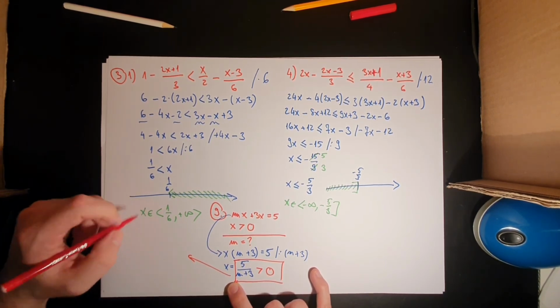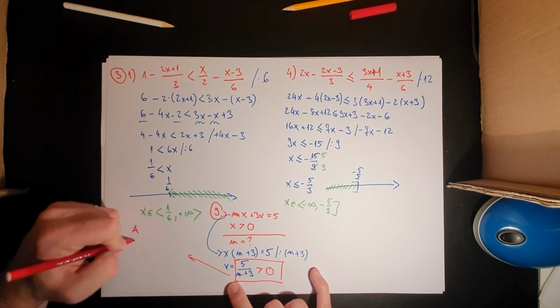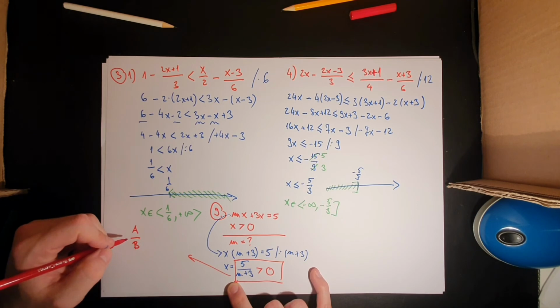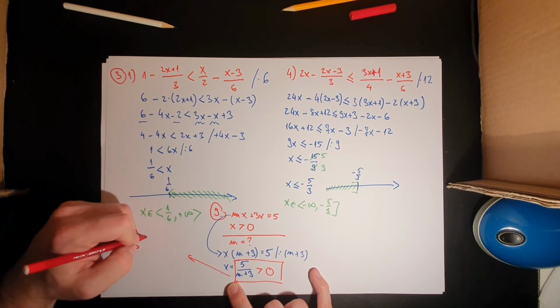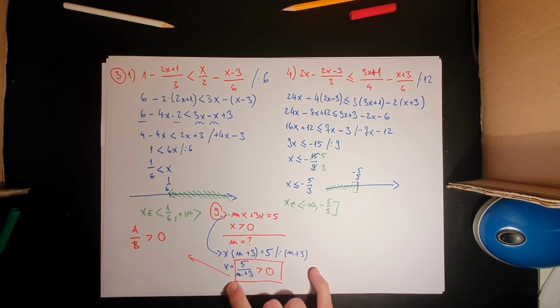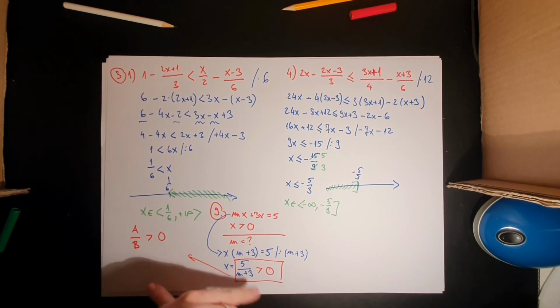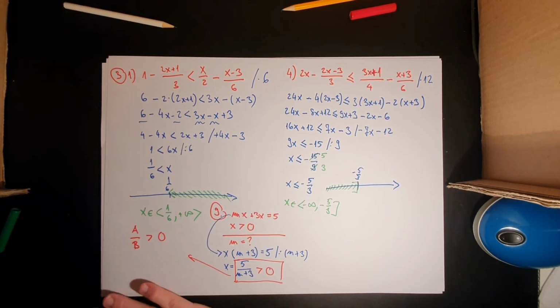Generally, this means a over b, two general numbers and the division between them, has to be greater than 0. Let's forget about 5 at the moment and concentrate on a over b being greater than 0.